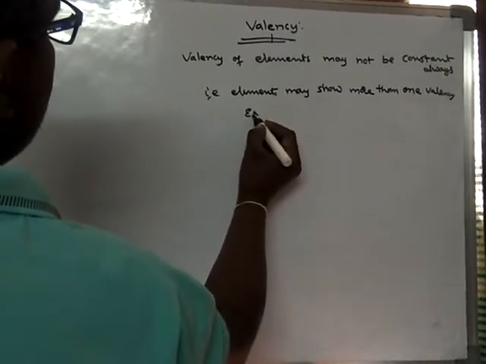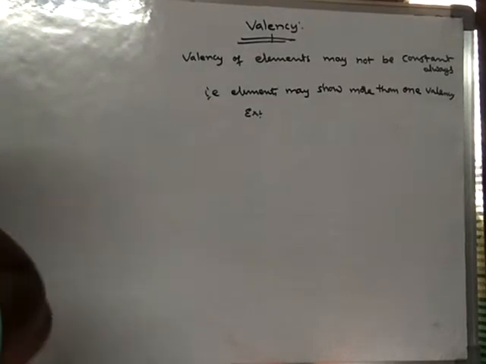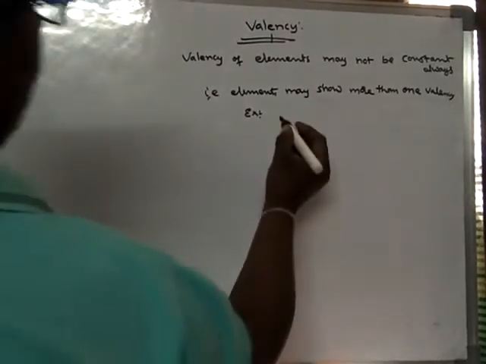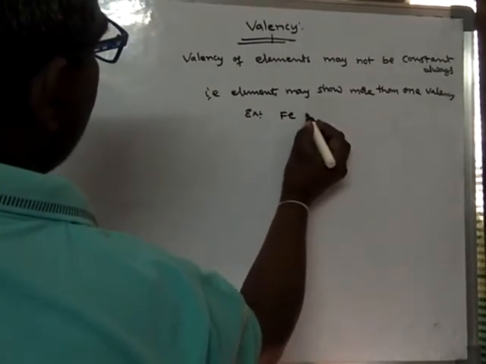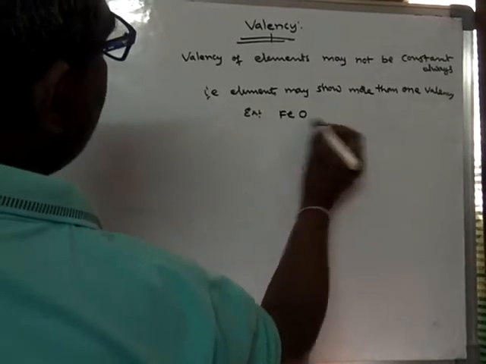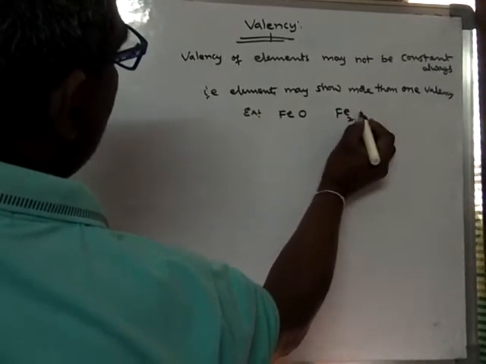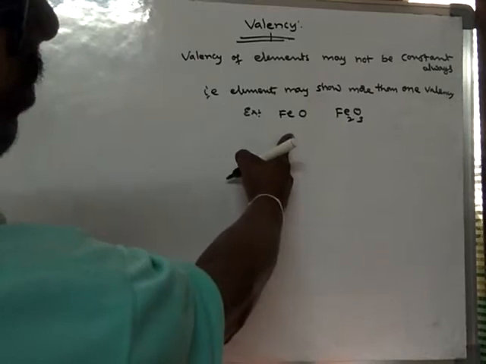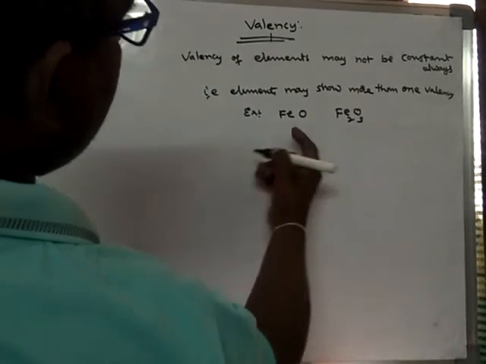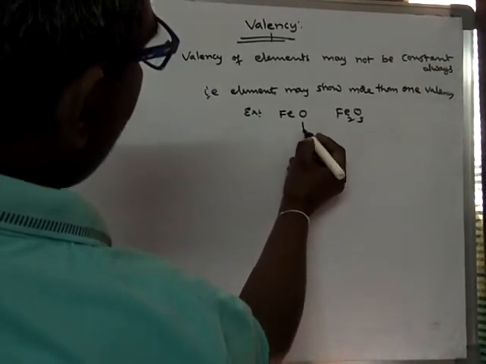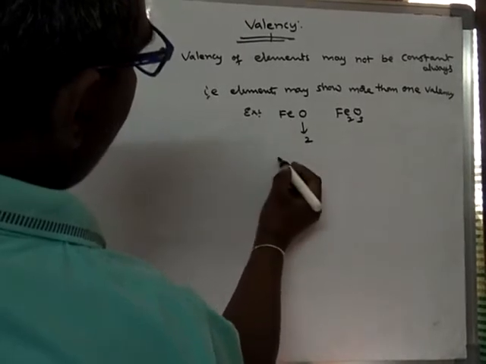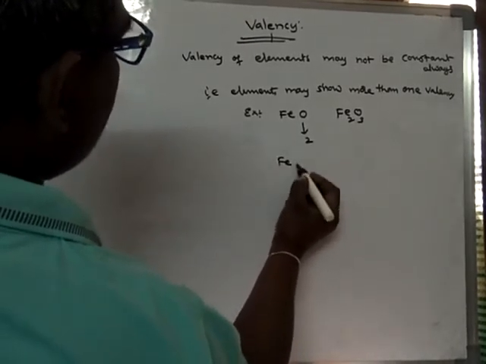Example, iron. If you see, it can form 2 types of oxides, FeO and Fe2O3. It is called ferrous oxide and ferric oxide. See, one oxygen atom, double it. So here iron is having valency 2.